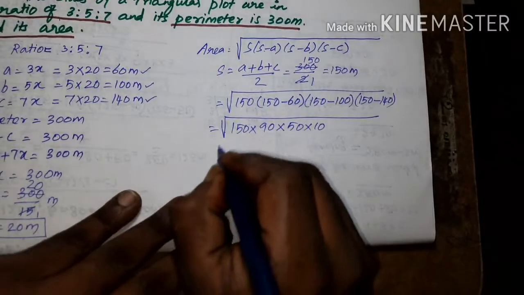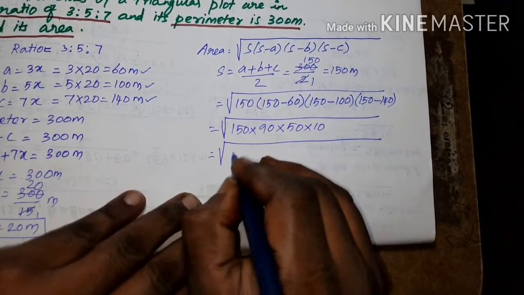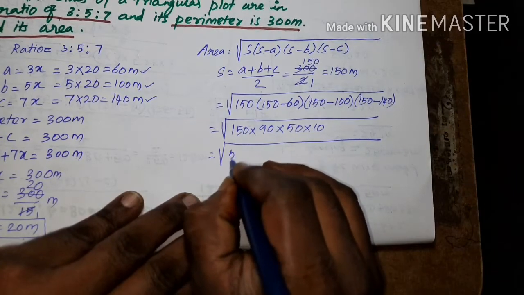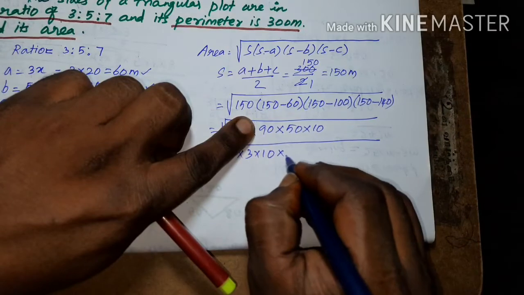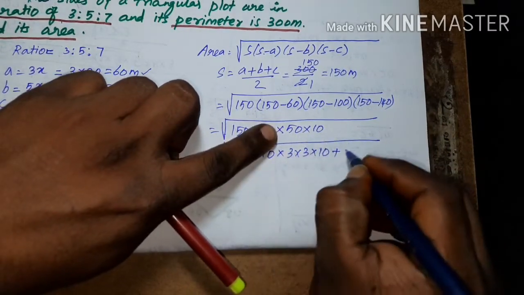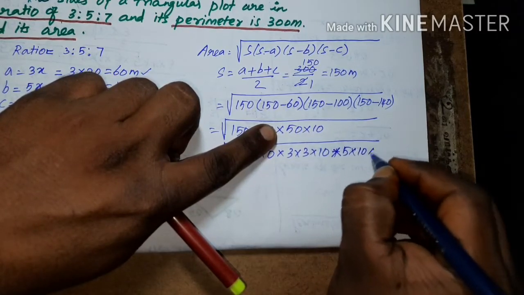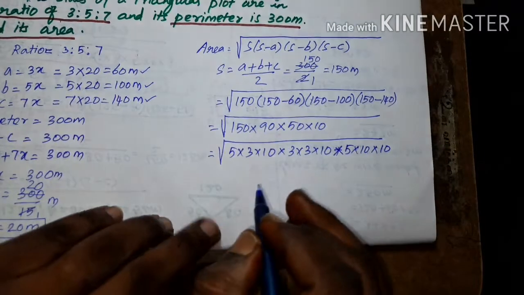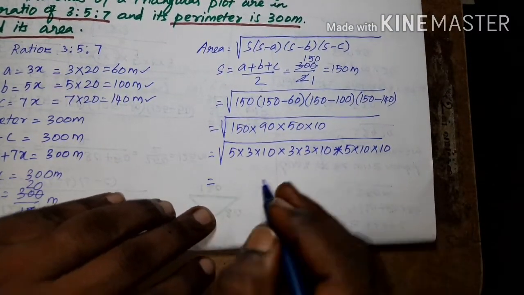So before that I need to write the factors, because all of them are multiples of ten. First I am going to write 150 as 5 into 3 into 10, and 90 is written as 3 into 3 into 10, and 50 means 5 into 10, and the last one is 10. And next I need to find the square root of these values, and you know how to take the square root here.